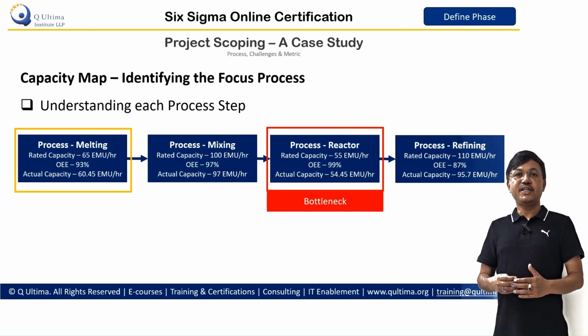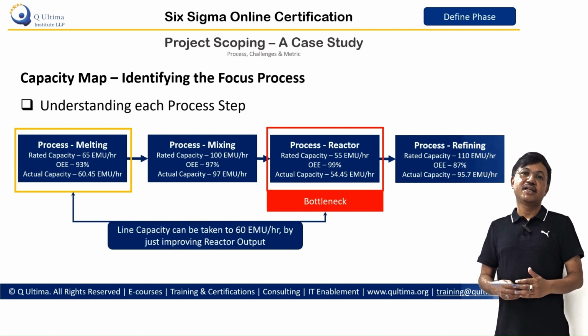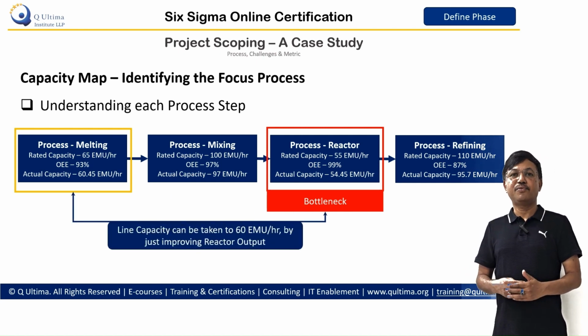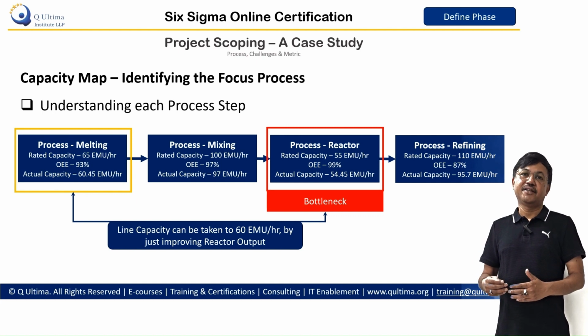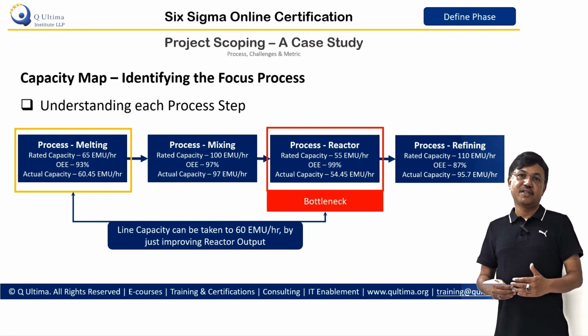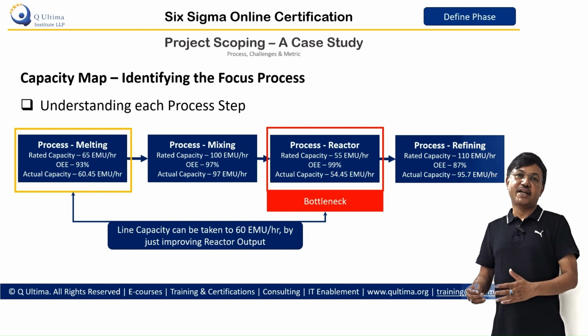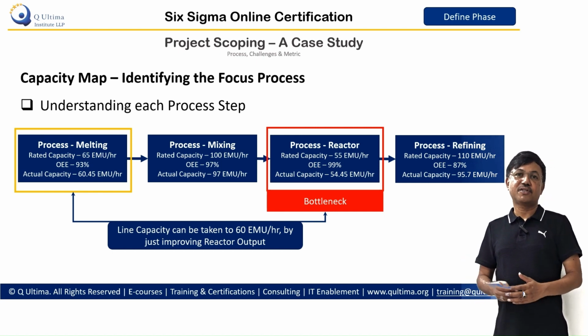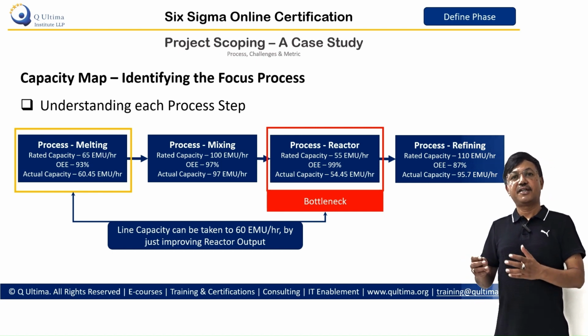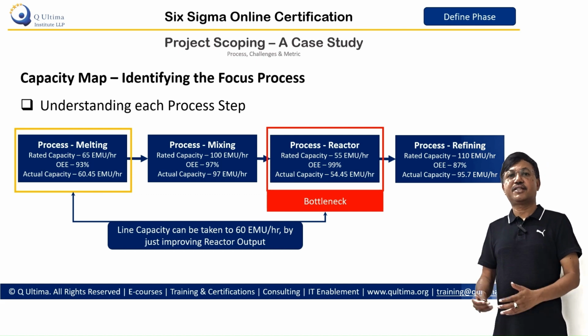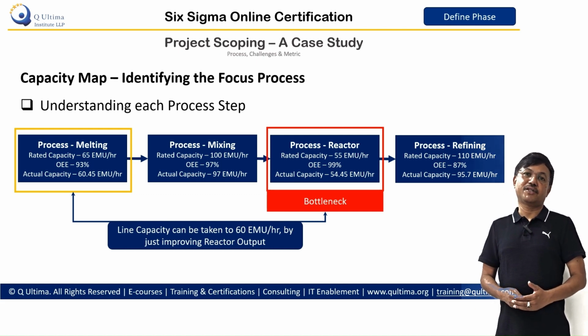So we can actually increase the capacity of the entire line from 54 to 60 just by focusing on improving the capacity of the reactor from 54 to 60. So this is how we identify the focus process of the reactor, and improving its capacity becomes our process objective.